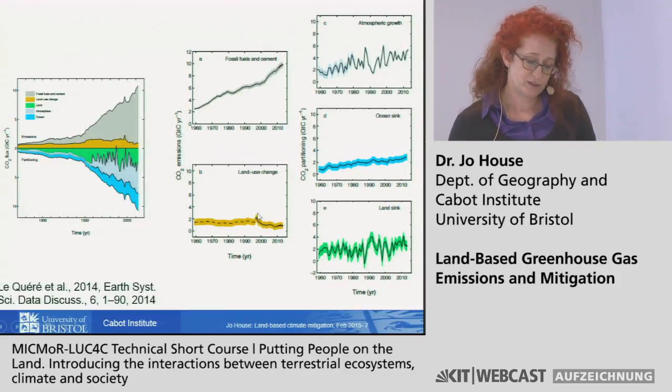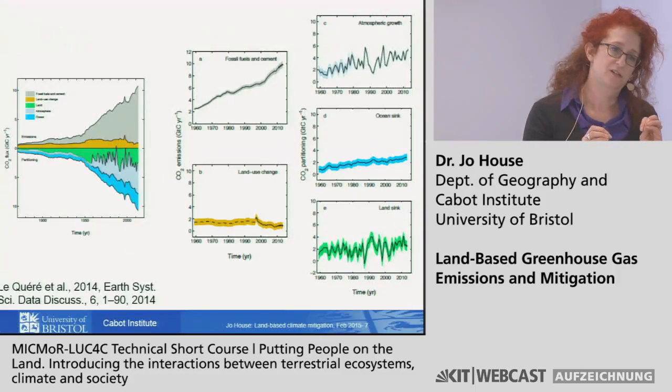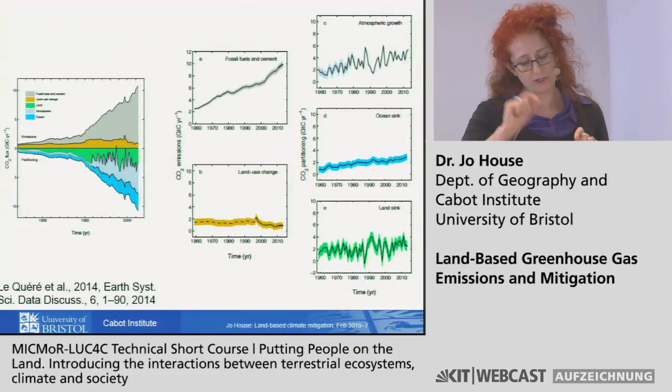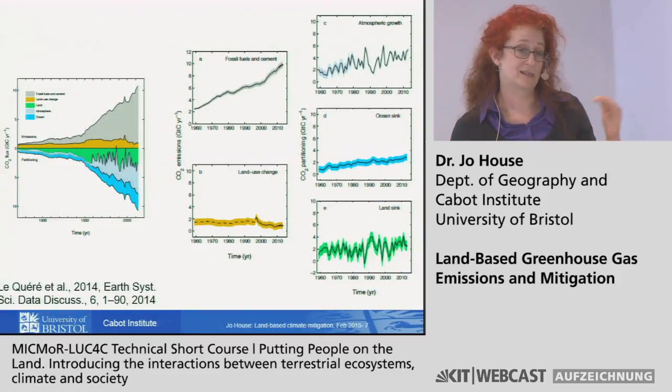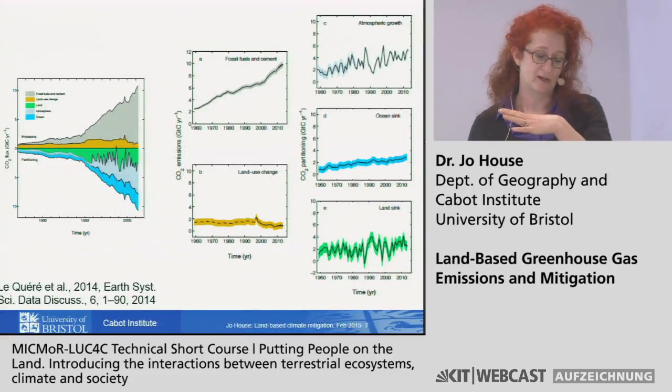So we switched to using a method. Guido van der Werf does a method where he uses satellites to look at fire. And then he has a particular methodology where he separates out deforestation and fire emissions from other emissions. So from the period that his data was available, we used them both to give us a bit more of an idea about interannual variability, because Houghton's methods don't include climate and other things, so they can tend to be quite steady.